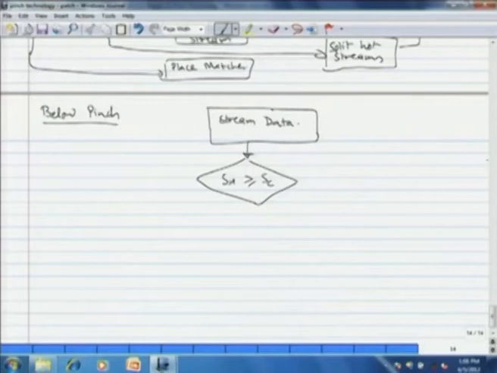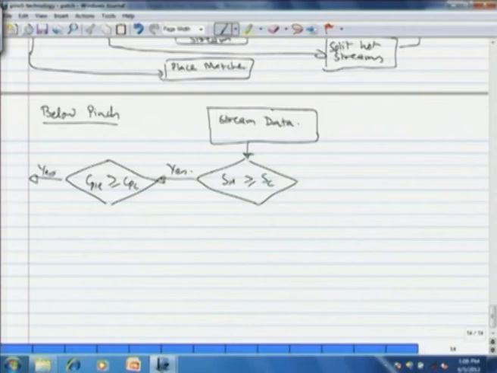If that is satisfied, then you check the CP inequality criteria, that is CPH greater or equal to CPC. If that is also satisfied, which is the luckiest situation, then you can go and place the matches.